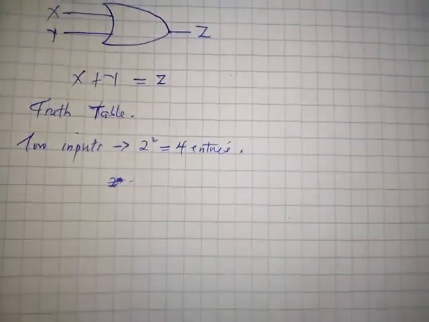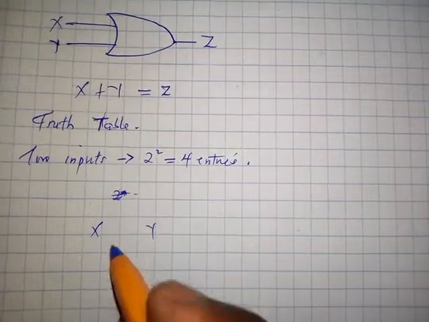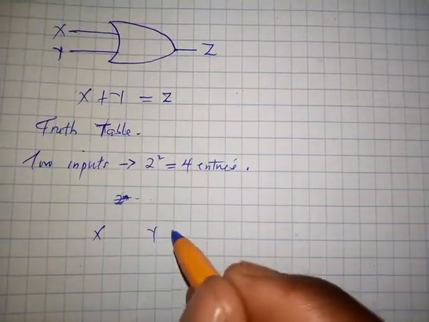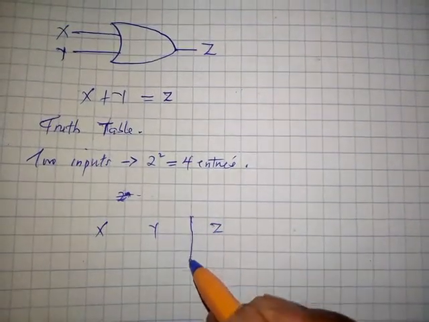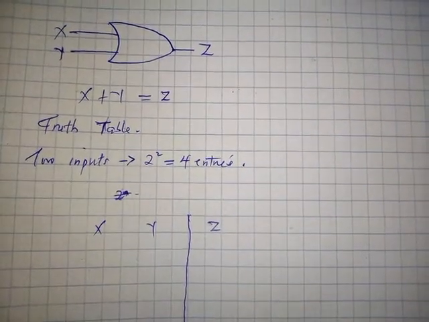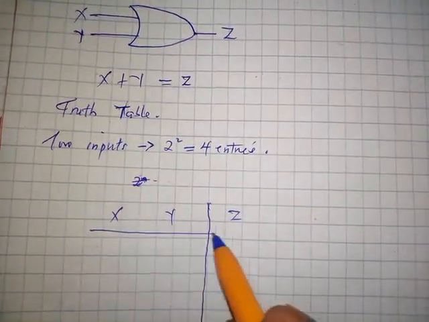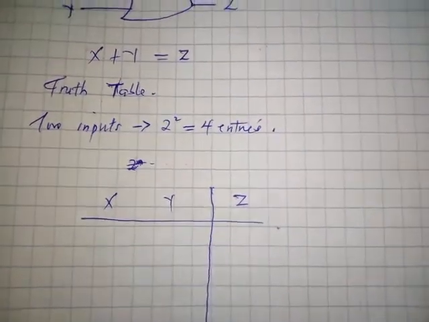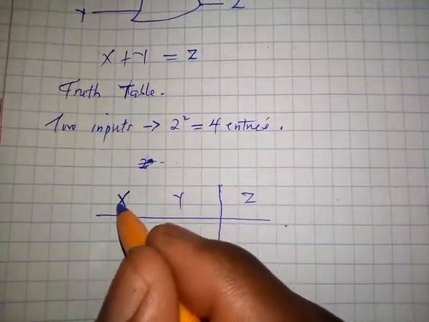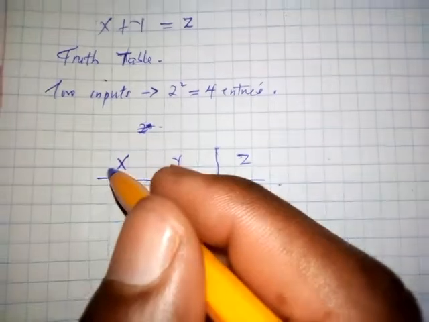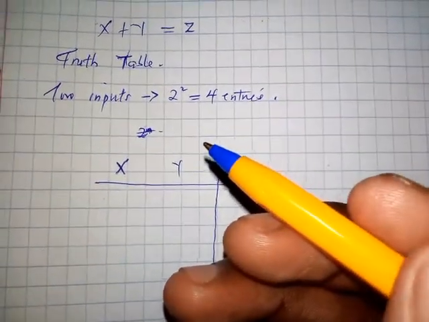So you can draw a truth table here. You have X, Y as the inputs, then Z as the output. Remember, Boolean variables are 0 and 1.